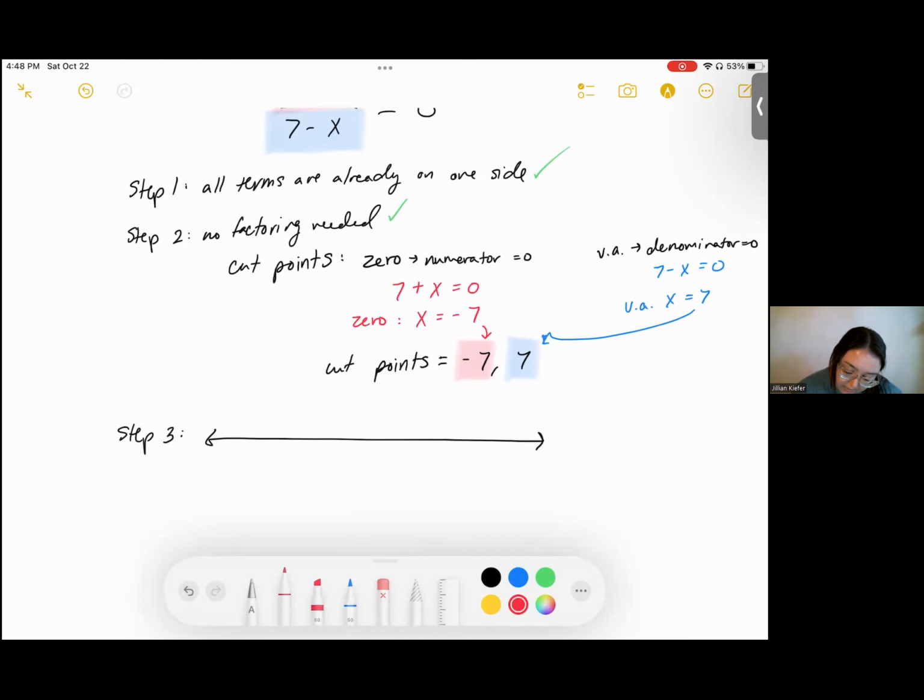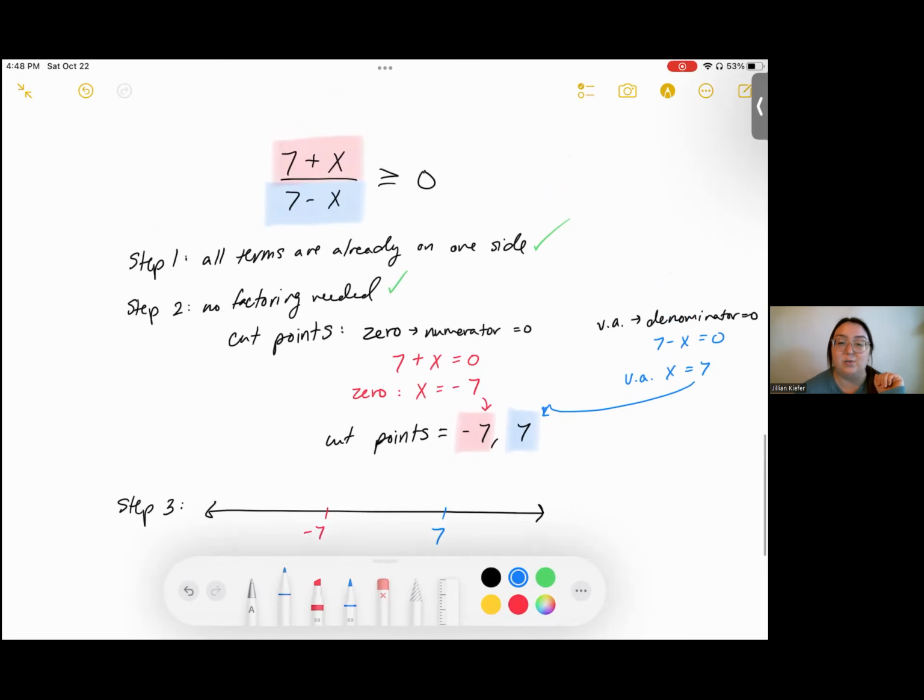We said -7 was the 0, and +7 was the vertical asymptote. What we want to remember is that your function can equal 0. We said we want to know when the rational function is greater than or equal to 0. It can equal 0, so the value of the 0 can be included.